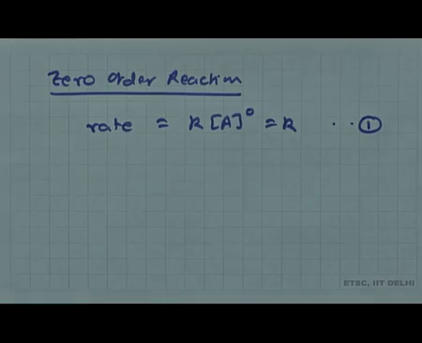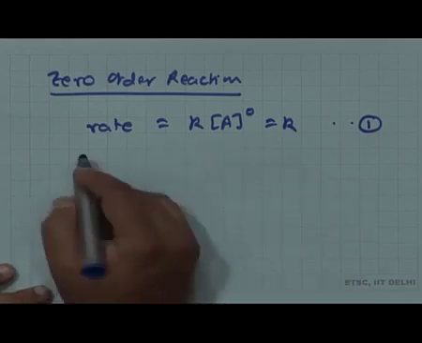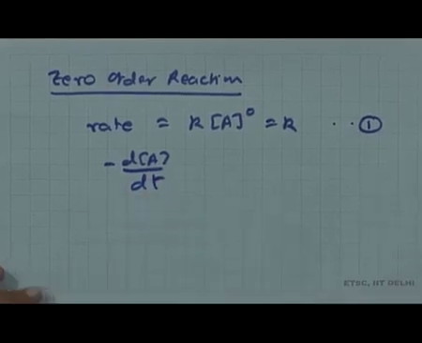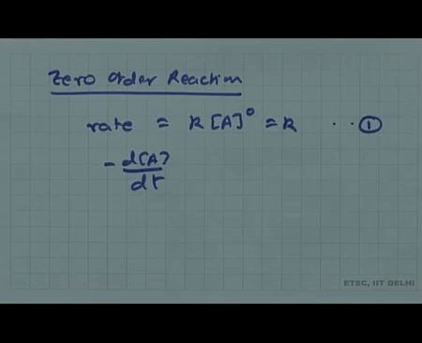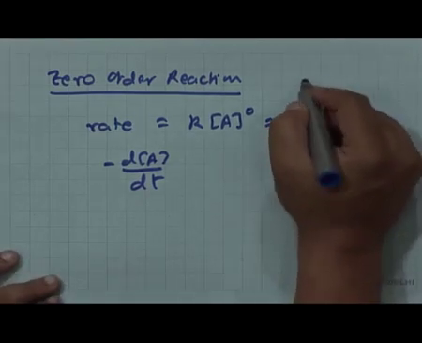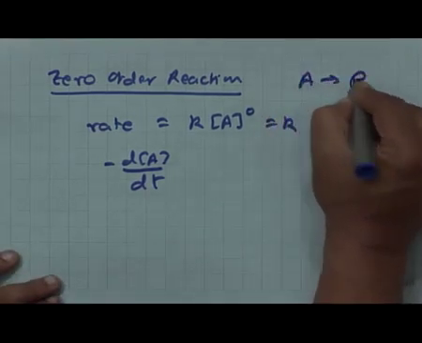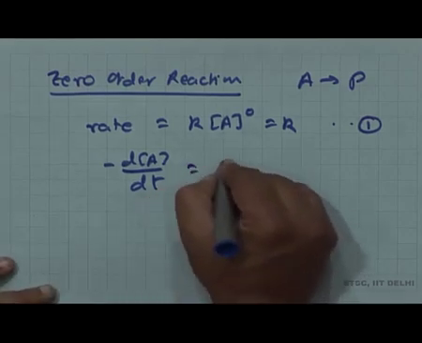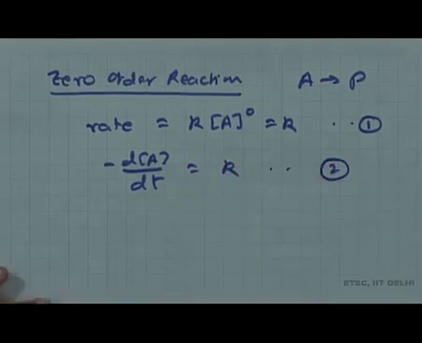Now, also from the definition of a rate, it is very important to understand that the rate is defined as minus dA over dt. This is my definition of the rate, considering a reaction where A is going to P. Then minus dA over dt is equal to K. Let this be 2.